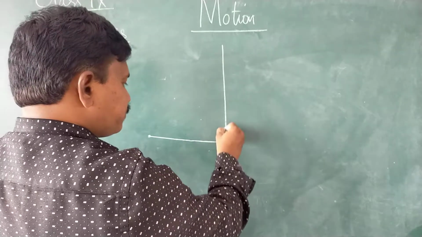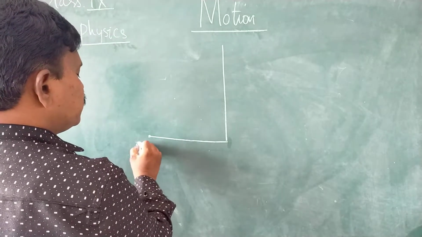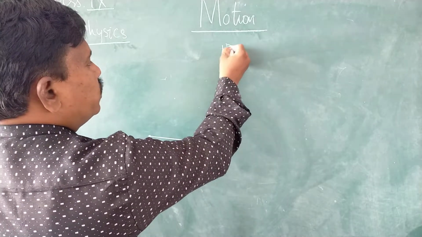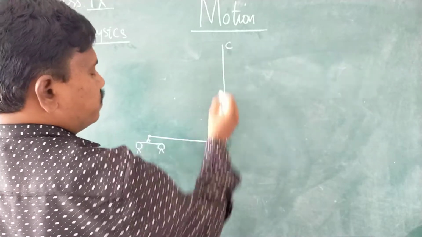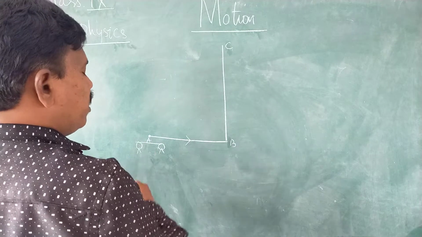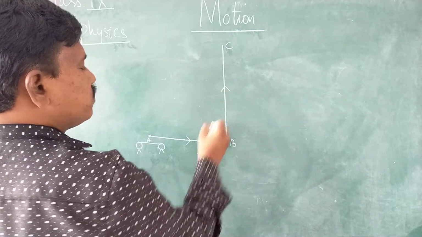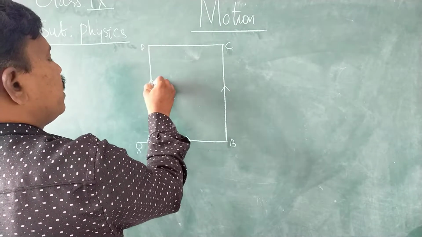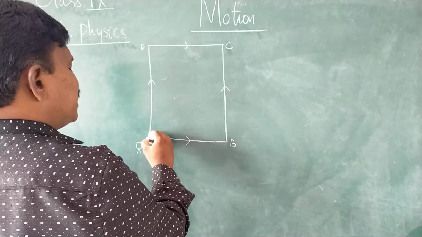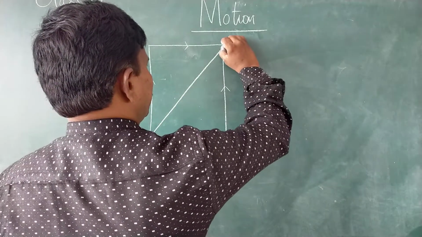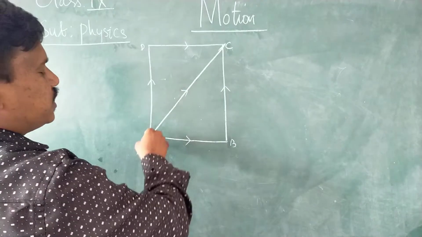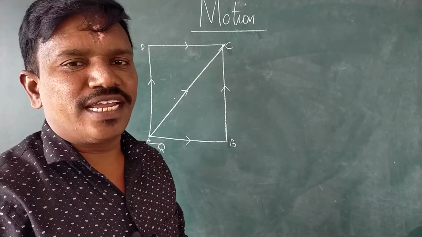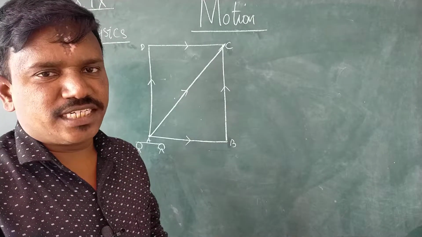An ant, in order to move from position A to C, can travel from A to B and B to C, or it can travel another path from A to D and D to C, or it can travel the shortest distance directly from A to C. This drawing is called a displacement vector, and vector always means we should indicate the direction. Direction is very, very important.